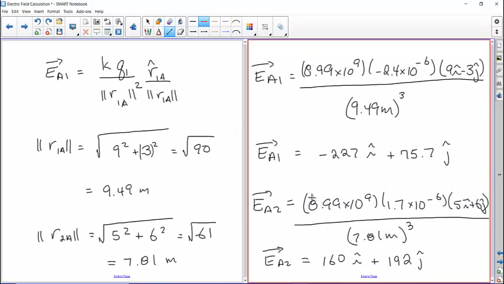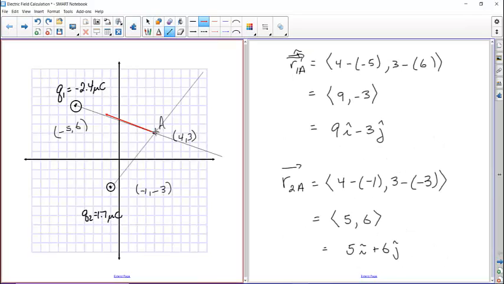Now you do the same thing here. So k, Coulomb's constant, positive 1.7 times 10 to the minus 6, r2a divided by the magnitude of r2a cubed, and you end up with that, 160 i plus 192 j. So they're both positive. Let's go see if that makes sense.